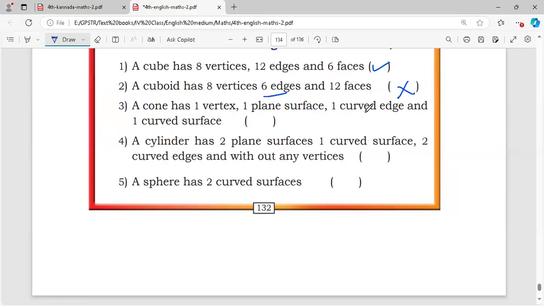One curved surface. This is right. A cylinder has two plane surfaces, two circles, one curved surface, right? Two curved edges without any vertices. This is also right. A sphere has two curved surfaces. This is wrong. A sphere has one curved surface.